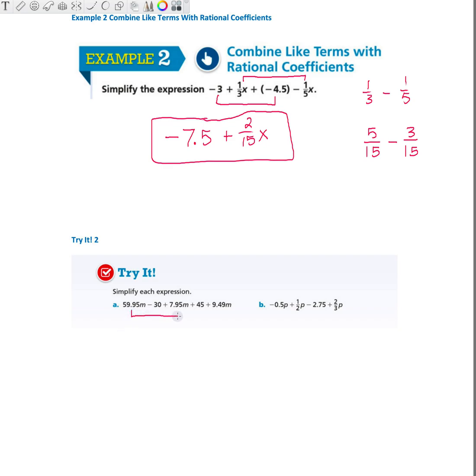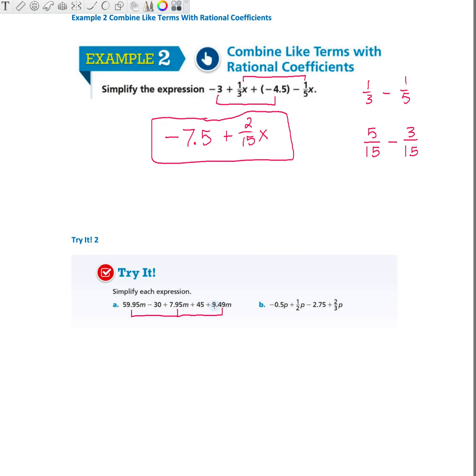And so my answer is going to have an m term and a constant term. So if I put my m's together, I'm simply going to add those up. There are no negatives there at all, so I would just add up 59.95. And I'm just going to type this into my calculator so I can have a shorter video here. 59.95 plus, and again it's plus because right there's a plus sign, plus 7.95, and then plus 9.49.